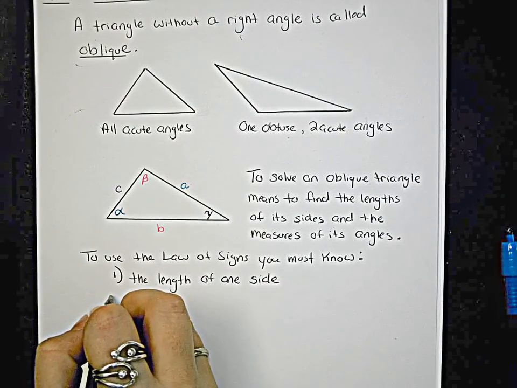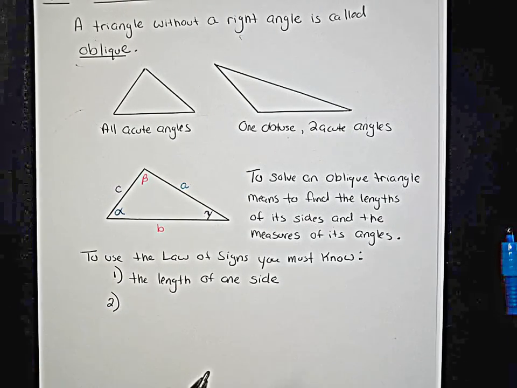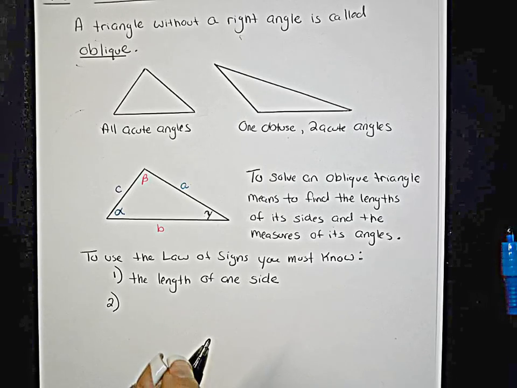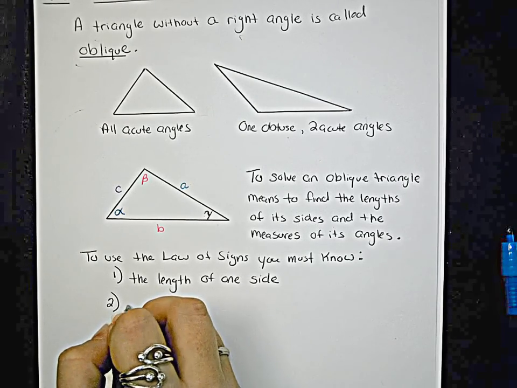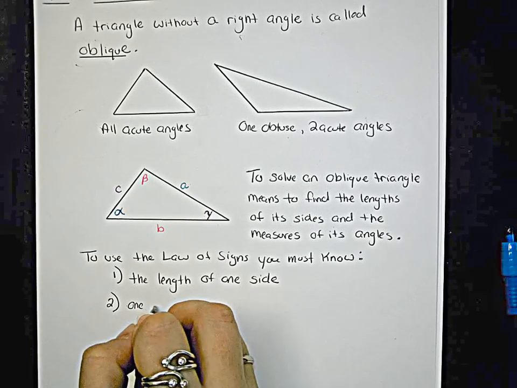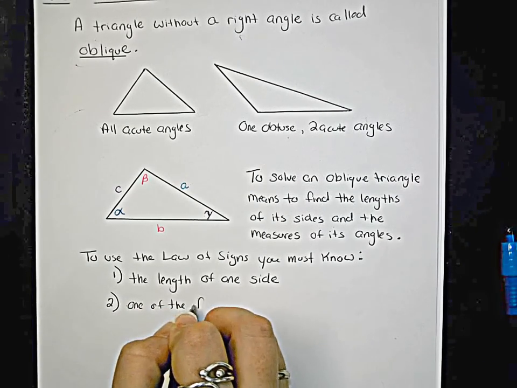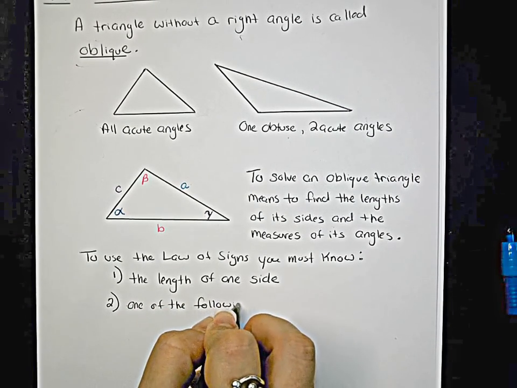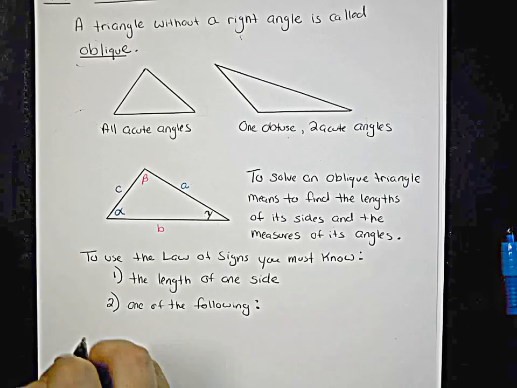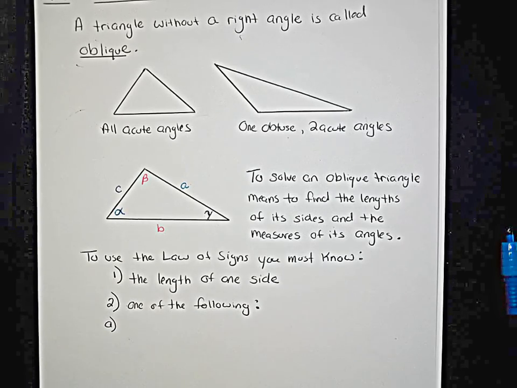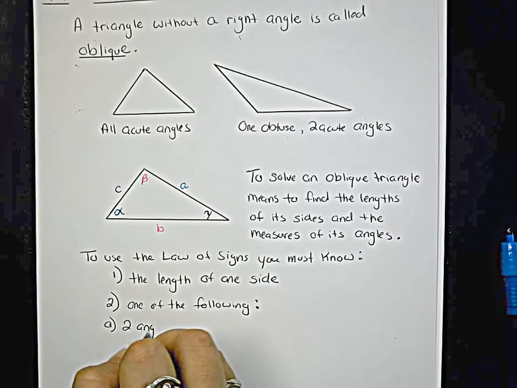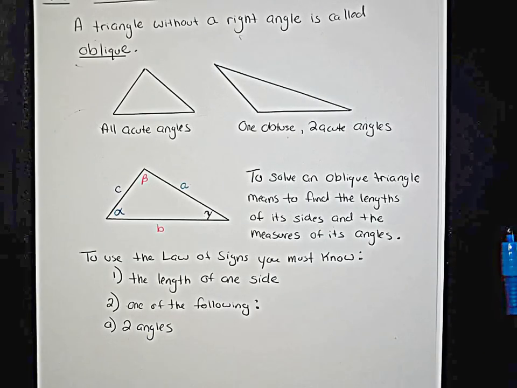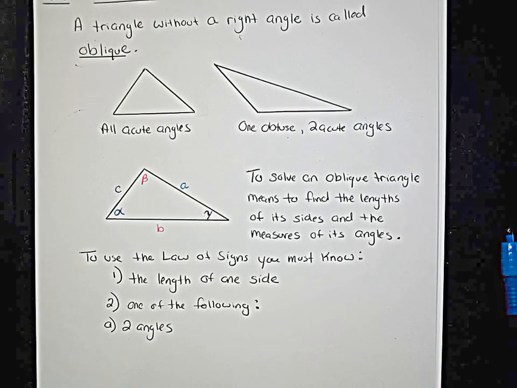Now, the second thing you need, you've actually got three options. You need to know one of the following. The first one: you can have one side and two angles. That's one possibility.